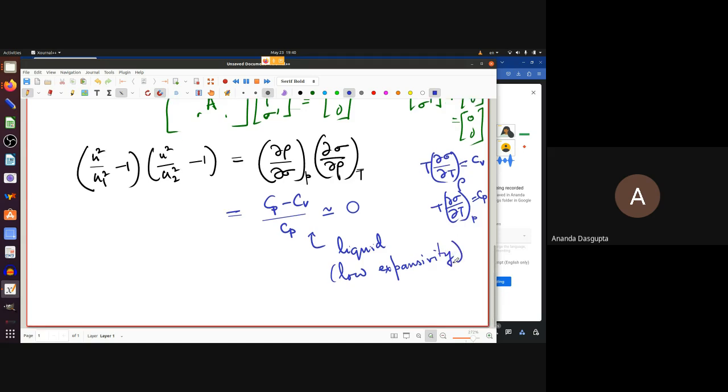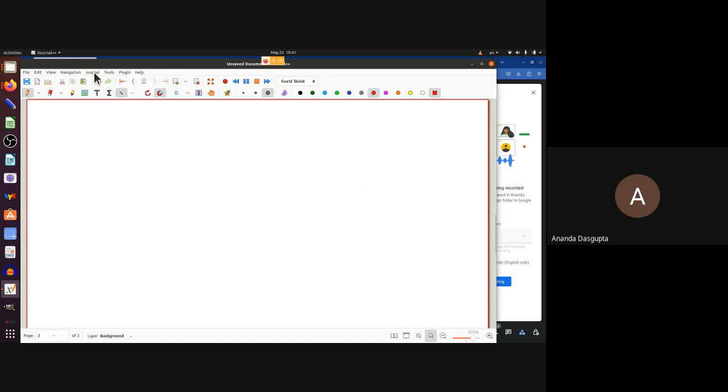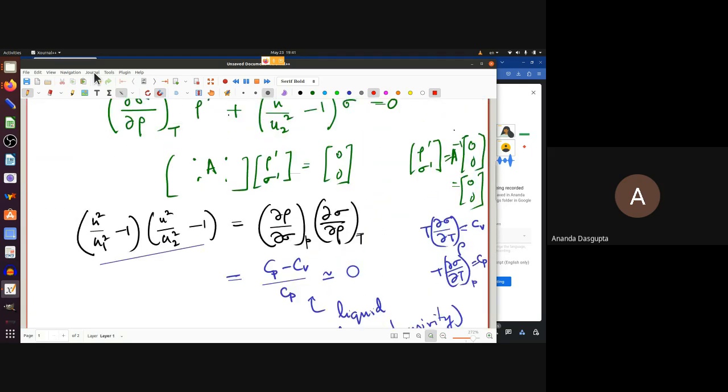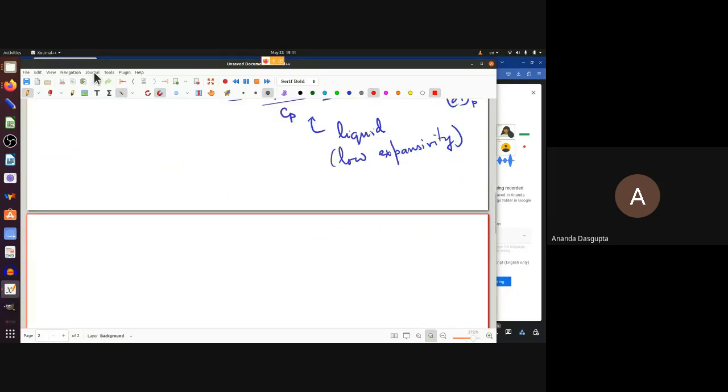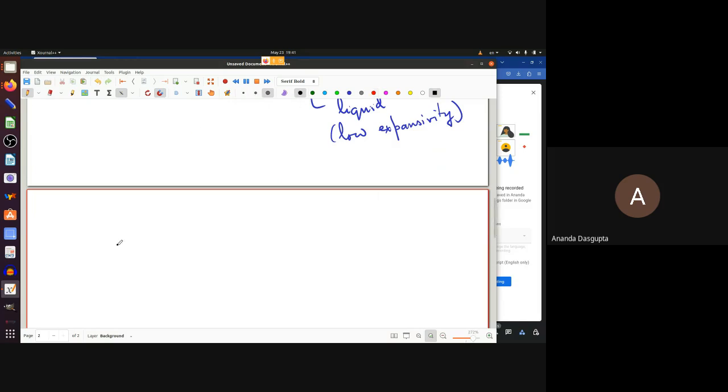And because this is almost zero, you get a very obvious solution to this, right? If this thing is zero, at least approximately, then what kind of roots do you get? Your equation is simply u square by u1 square minus 1 into u square by u2 square minus 1 is approximately 0.